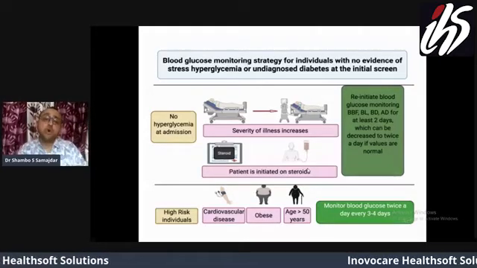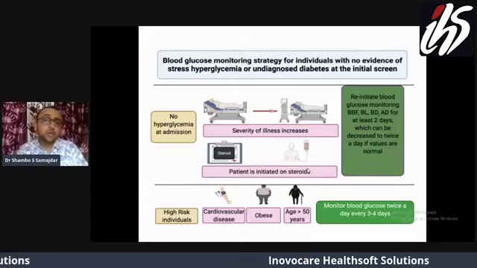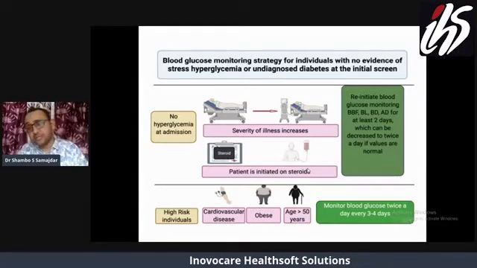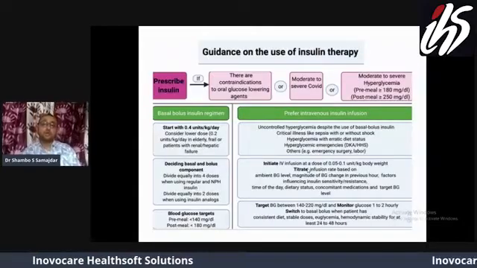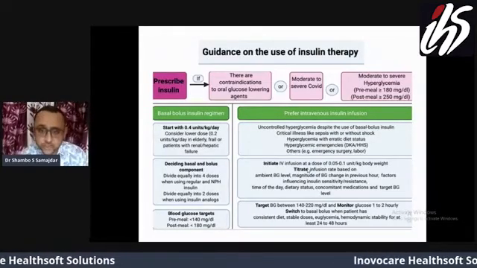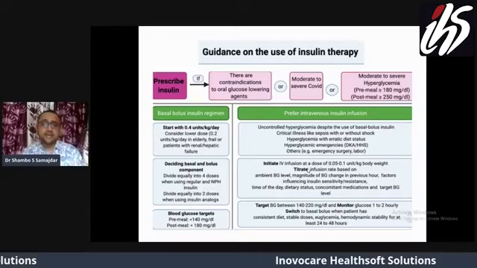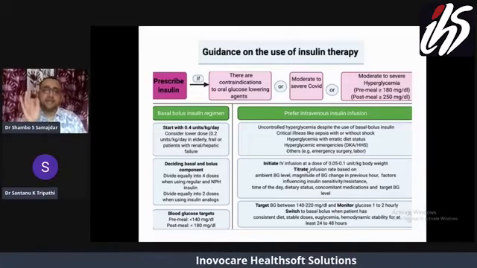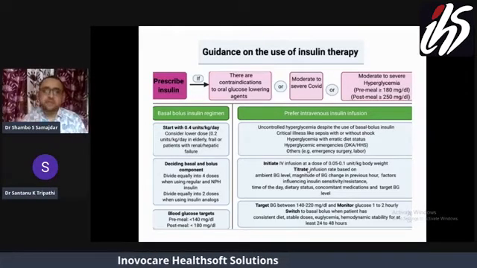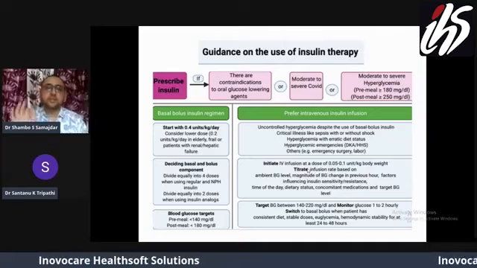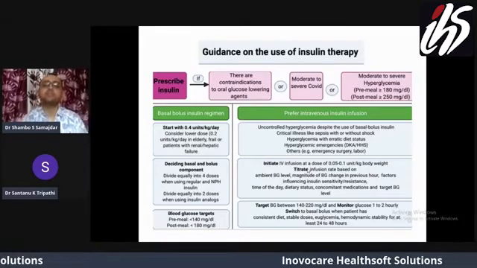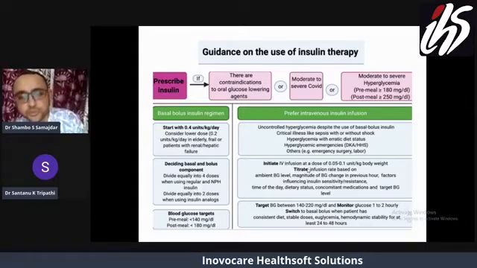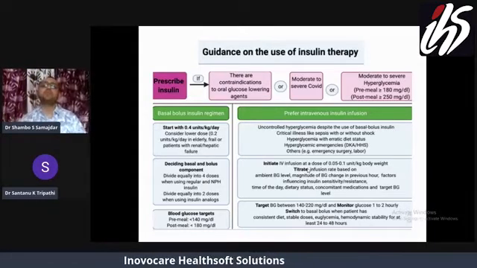But if the patient is on steroids, we need to check all these levels before breakfast, before lunch, before dinner, and 2 hours after dinner. So, guidance on the use of insulin therapy: in the Indian guideline, they have clearly mentioned to prescribe insulin if there are contraindications to oral glucose lowering agents, or the patient is suffering from moderate to severe COVID or moderate to severe hyperglycemia.